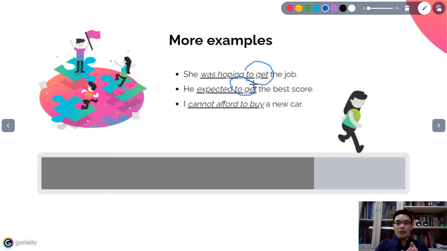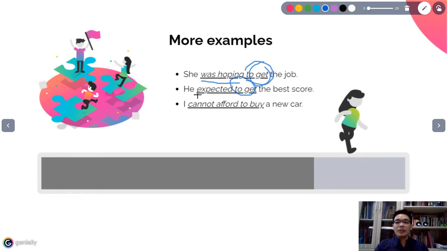They were hoping to get a job. She hoped to get a job. You can change the verbs into any forms, any tenses, and according to the subject, but you don't change the to infinitives. They remain the same.